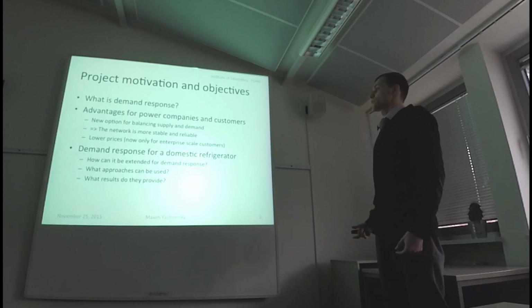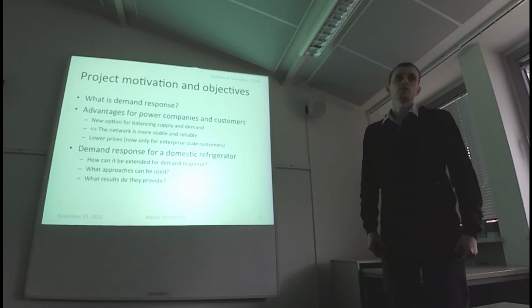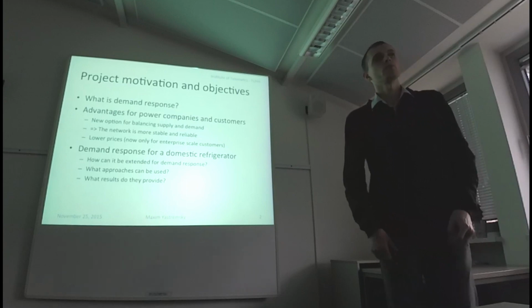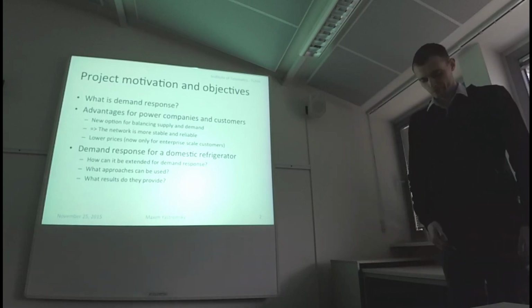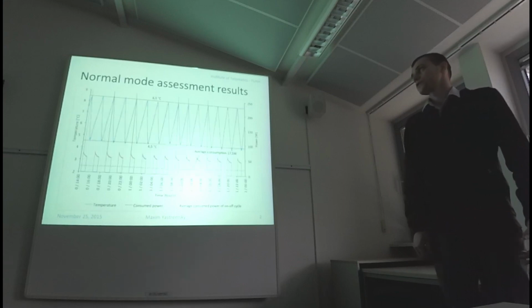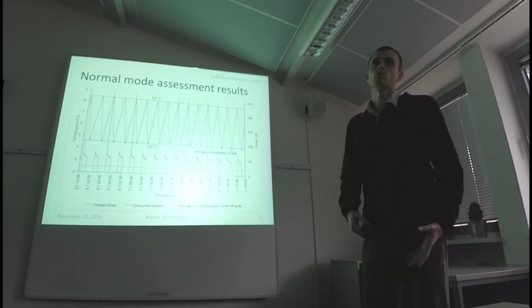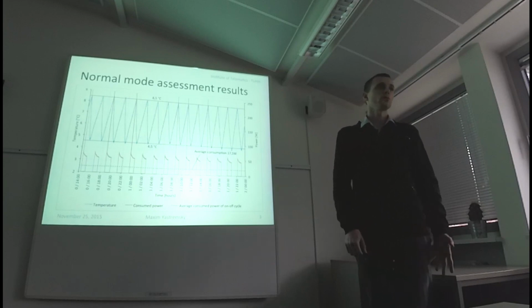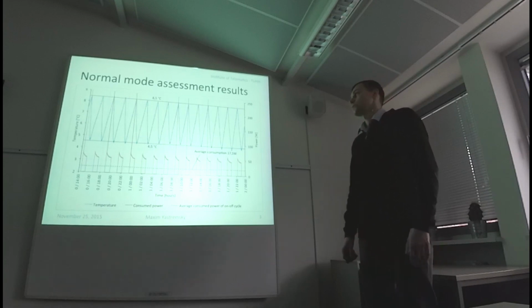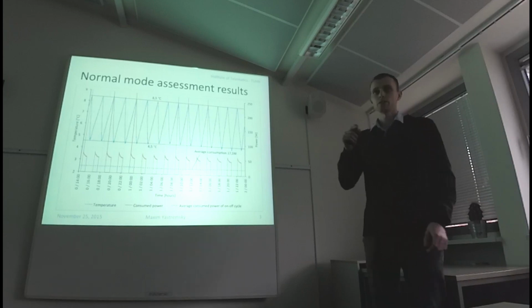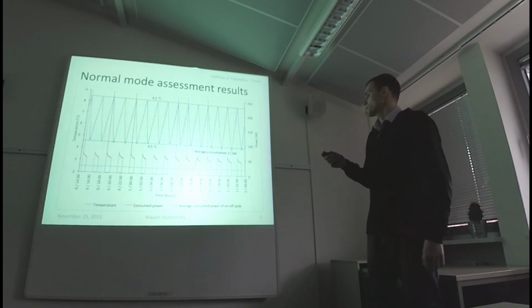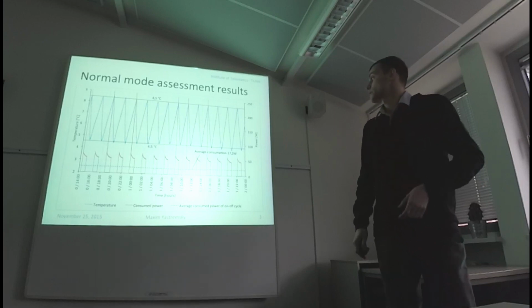So my project is about how a domestic refrigerator can be extended for demand response, what approaches can be used for that, and what results they provide. I started with the assessment of the normal mode of the refrigerator, how it works. I assessed a few levels. This is the result of level 3. Level 3 of the inner thermostat provides a temperature interval from 8.5 to 4.5 degrees Celsius.